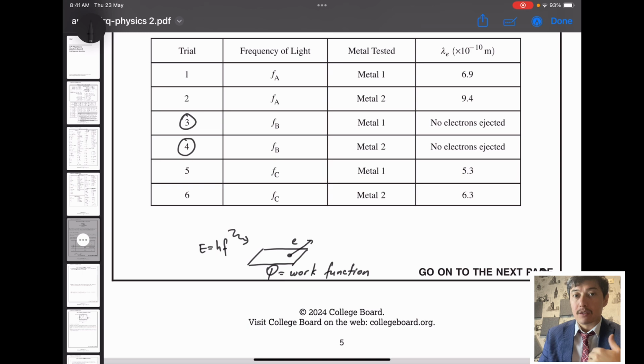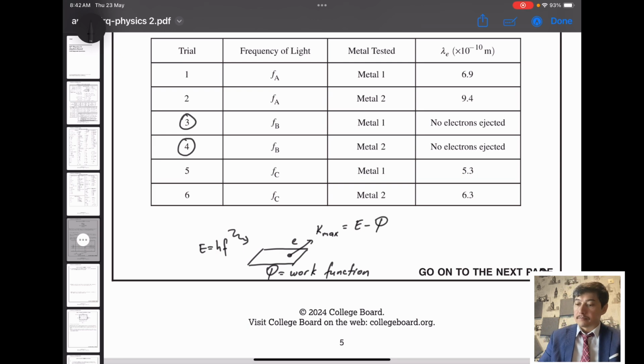If it is less, no electrons would be ejected. If it is more, it is possible to transfer the extra energy to the electron in the form of kinetic energy. And the maximum kinetic energy that the ejected electron can have is equal to the energy of the incoming photon minus the work function.